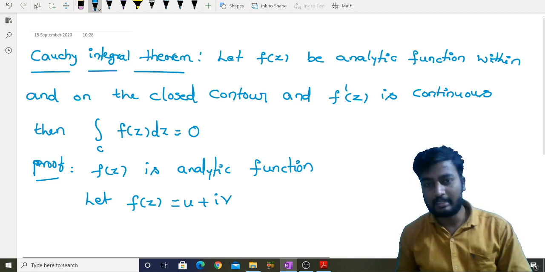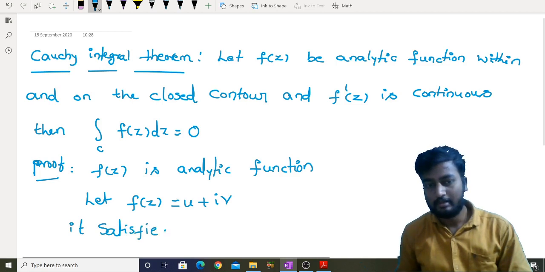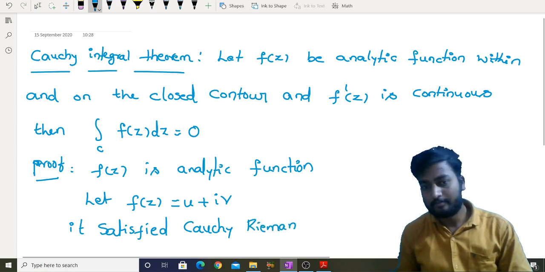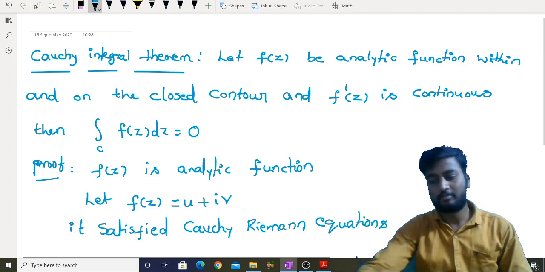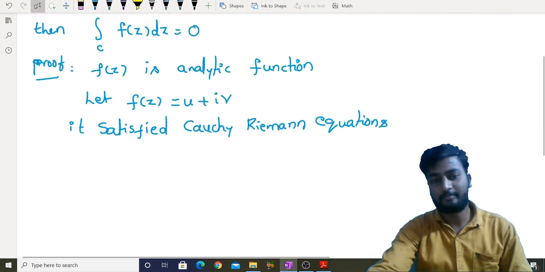Since f of z is analytic, it satisfies the Cauchy-Riemann equations. So what are the Cauchy-Riemann equations?